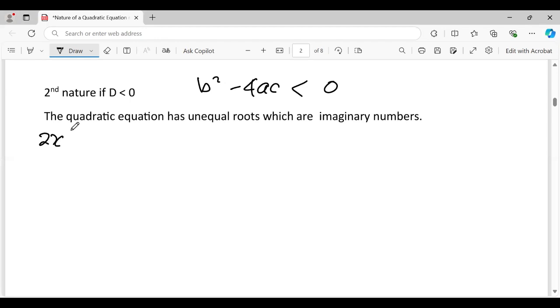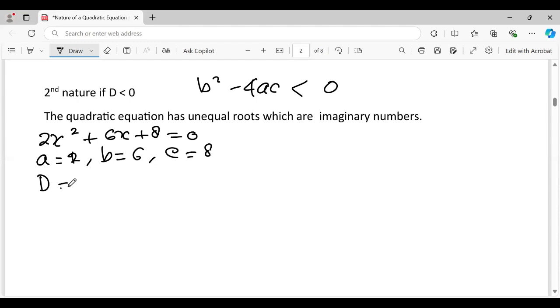For example, a quadratic equation 2x squared plus 6x plus 8 equals 0. So a equals 2, b equals 6, and c equals 8. Let's calculate the discriminant.